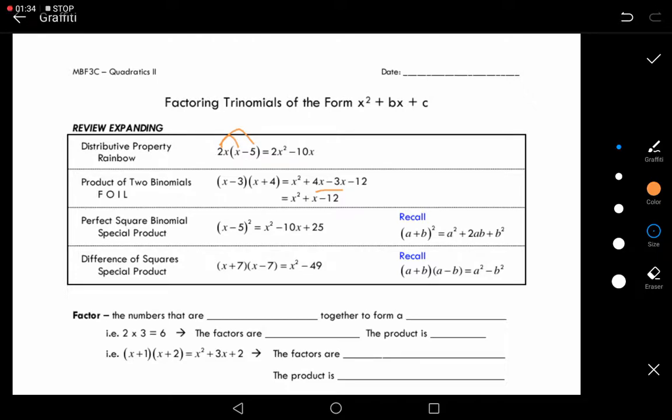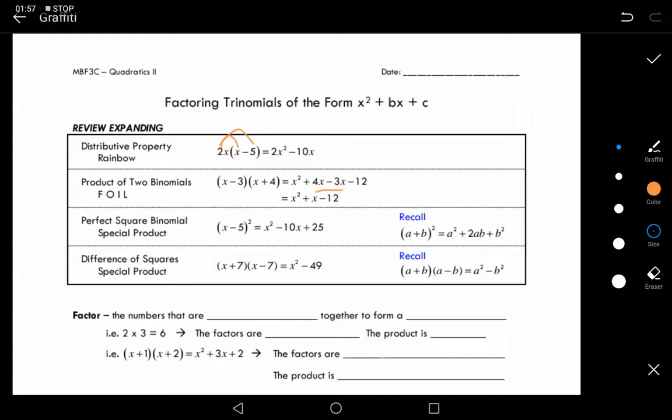We also talked about some special product cases in the last couple of notes. I told you not to worry too much about it, but we're going to recall it anyways, just in case you find that a bit easier. So the first was a perfect square binomial. That's when we have a binomial, which is in brackets, and it is squared.